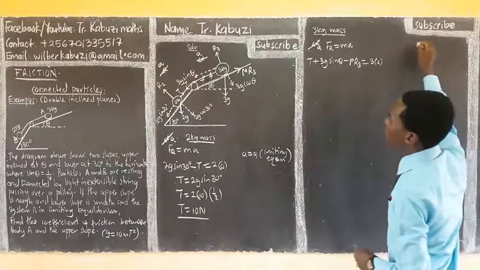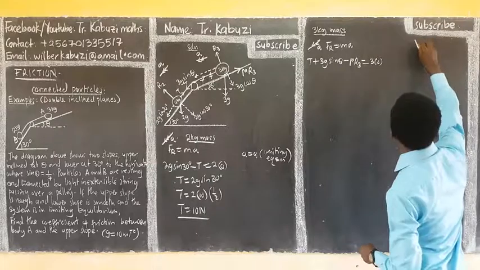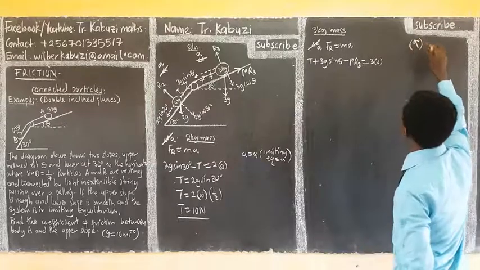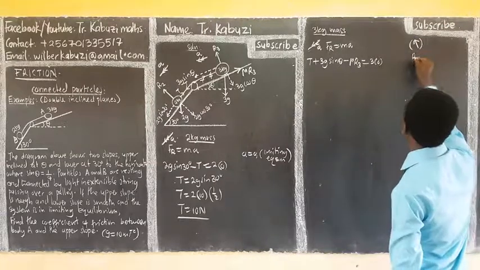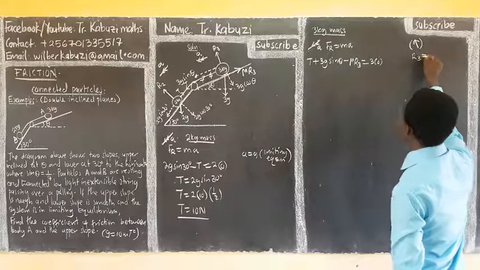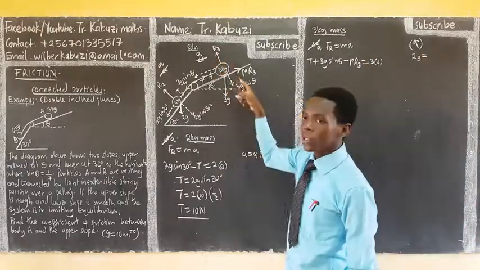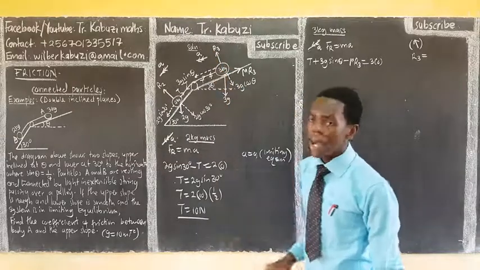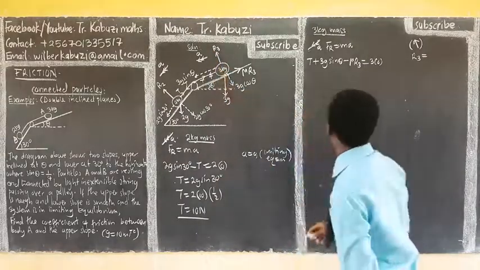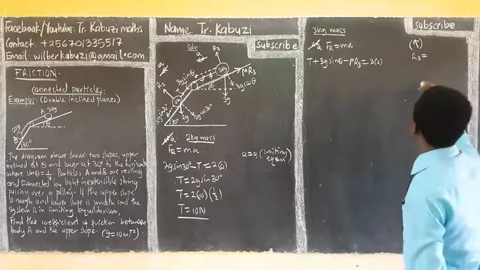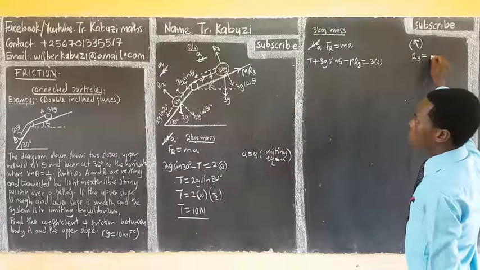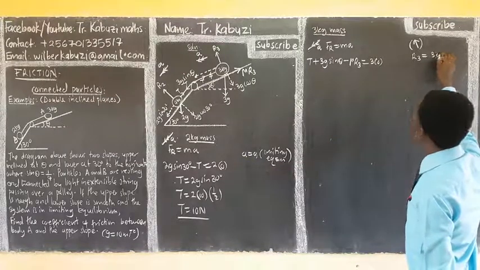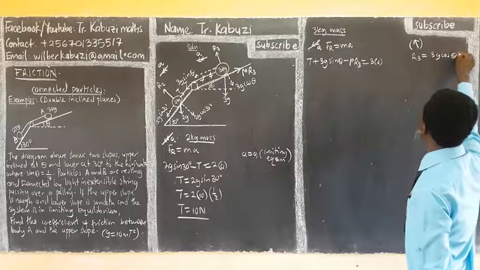If I resolve this plane like that, there is nothing like acceleration in this direction, so these two are balancing. So that will be equaling to 3g cos theta.